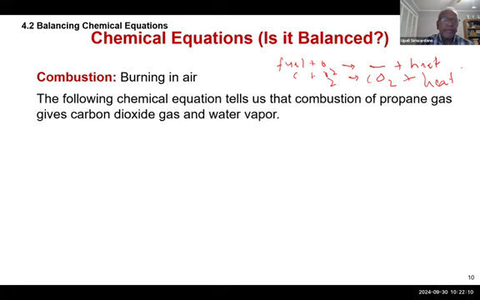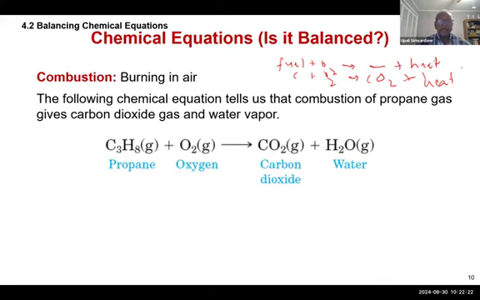The following chemical reaction equation tells the combustion of propane gas, which gives carbon dioxide and water vapor. This is the propane. That's what takes place in your gas grill with the propane tank. Oxygen is from the air.